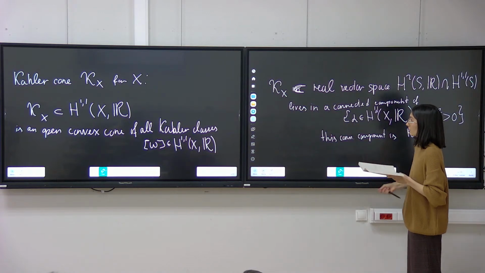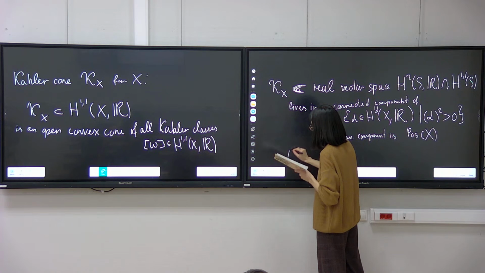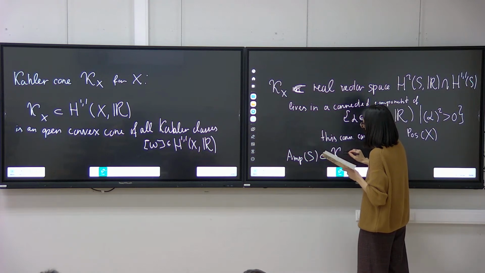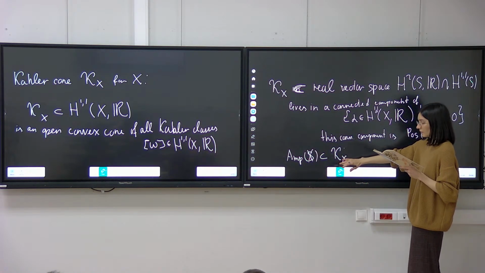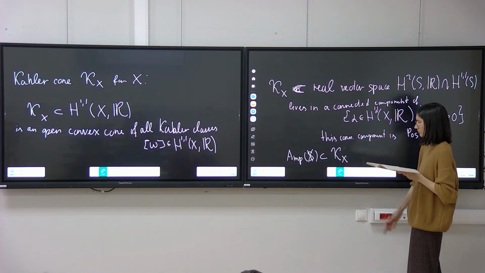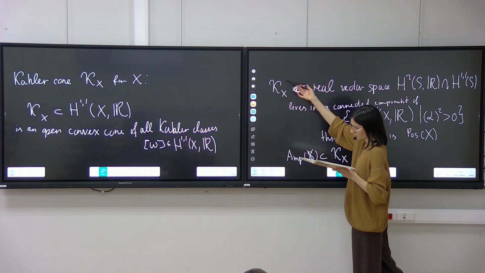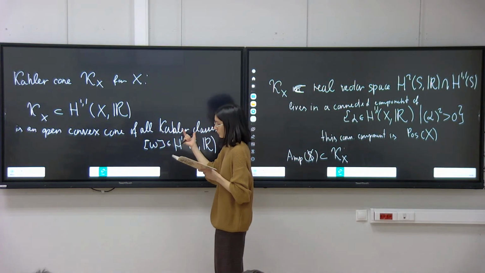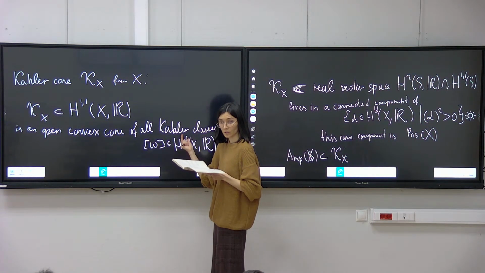And let me also comment that the ample cone, if it's non-empty, is of course contained in the Kähler cone of X. And this is in fact the rational points of this Kähler cone, because we discussed last time that there is a Kodaira theorem that tells you that if you have a rational Kähler class, then it gives you an embedding of the corresponding surface into a projective space.